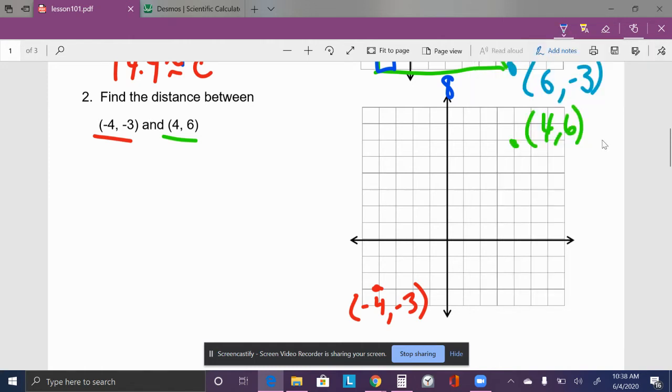Connect those 2 points. That's the hypotenuse I'm trying to find. Make the legs. There we go. There's my right triangle. Now we figure out the lengths.